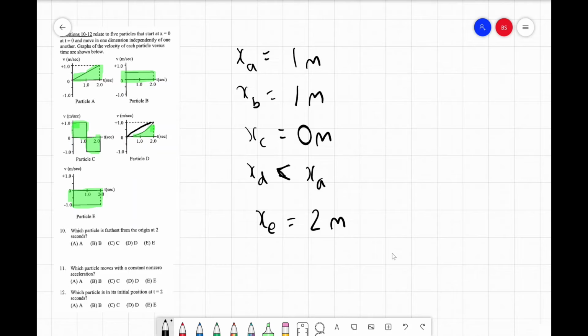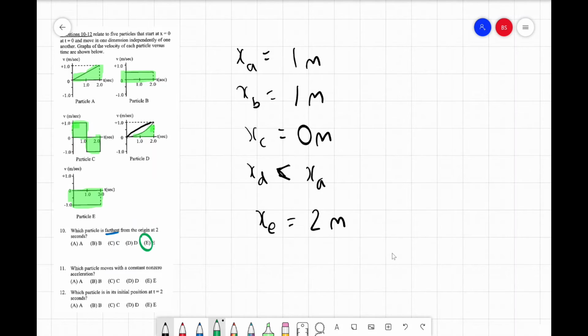But notice that this is 2 meters away from the origin. However, the question is asking which particle is the farthest from the origin, which means that our direction doesn't matter, which shows that our answer is option E, which is particle E.